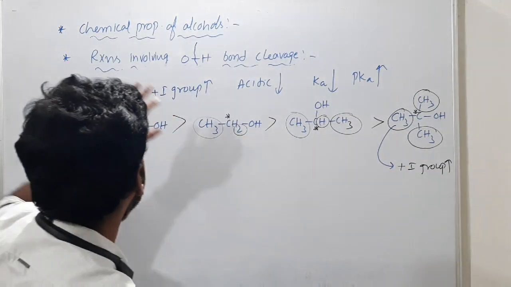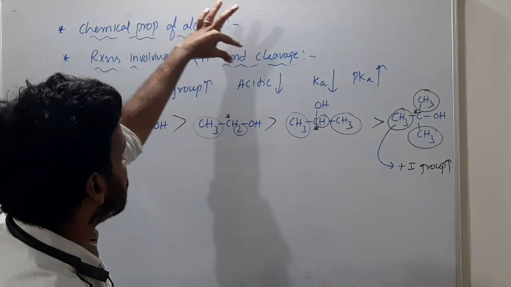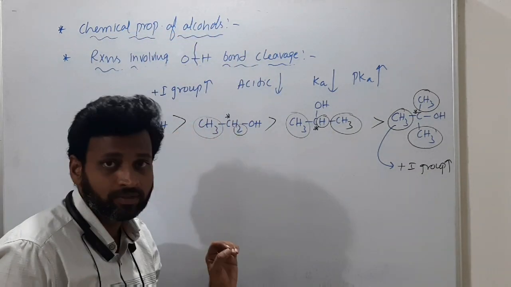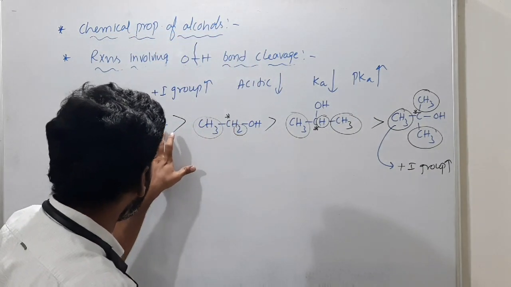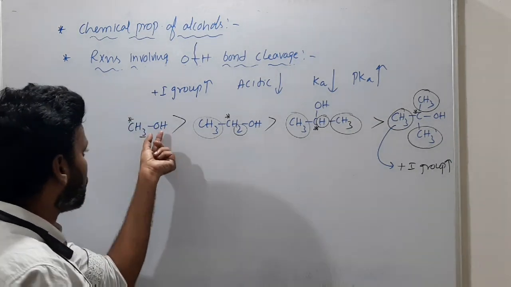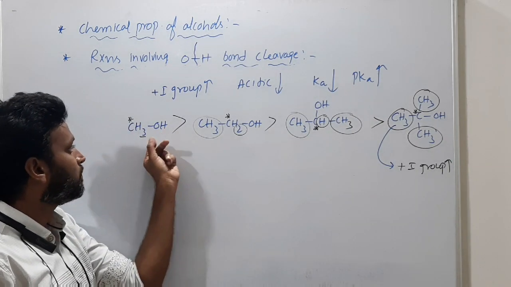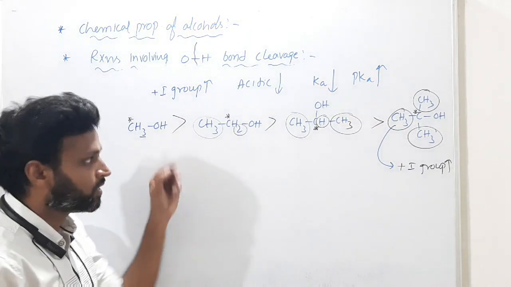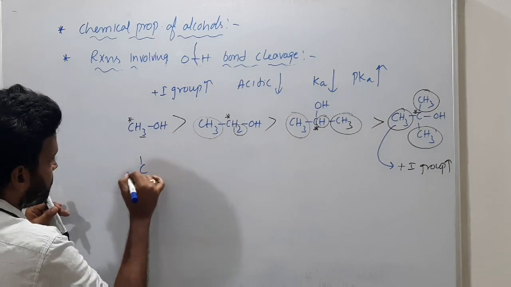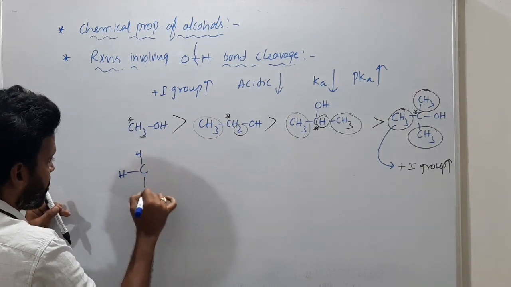Very, very important. For reactions involving O-H bond cleavage, I am talking only about O-H bond cleavage. So who can lose H+ easily? Methanol can easily lose it, because methanol has 3 hydrogens.